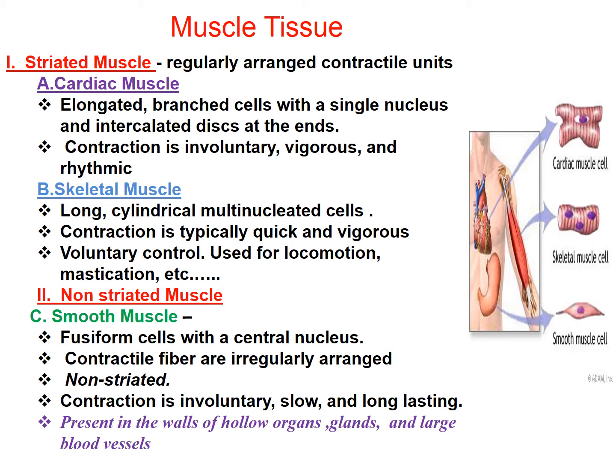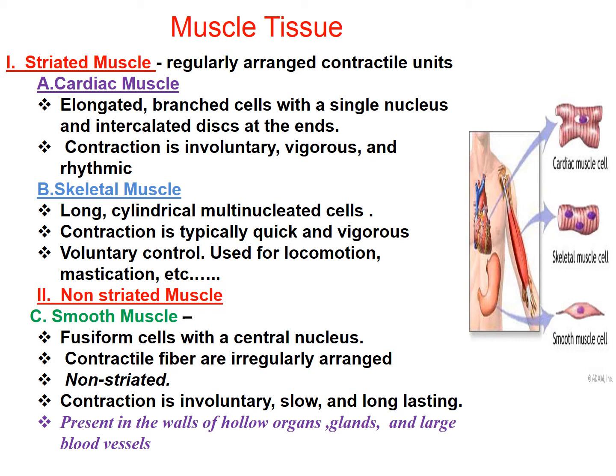Then skeletal muscle consists of long, cylindrical, multinucleated cells, as we see on the right of the slide. Contraction is quick and vigorous.